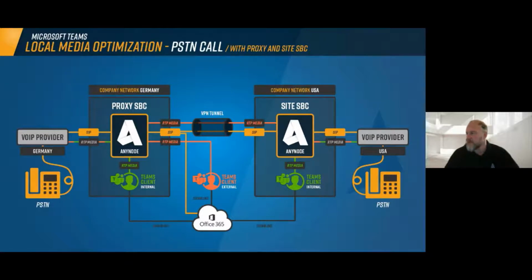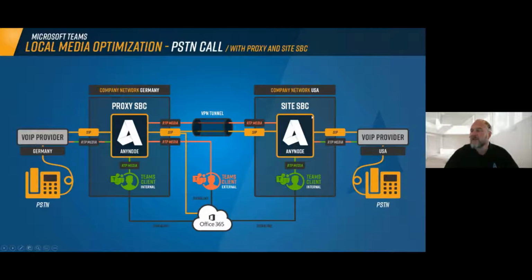And in this scenario, we have just taken our scenario as an example, where you have the main SBC, the so-called proxy SBC in the terminology of Microsoft, which is connected to the Microsoft Cloud, and it's also connected to the local voice over IP carrier.